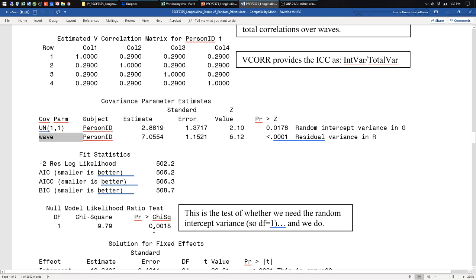So the fact that it's significant means that the model with the random intercept variance fits better. In other words, this intra-class correlation of 0.29 that reflects the contribution of that random intercept variance is significantly higher than 0. That's what the chi-square test is telling us.